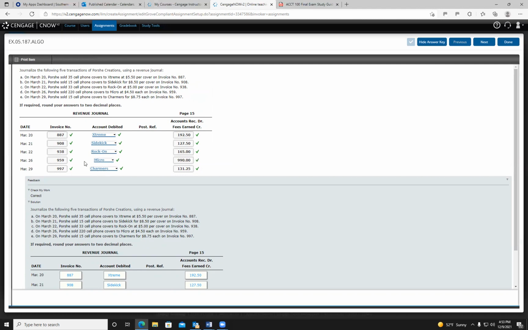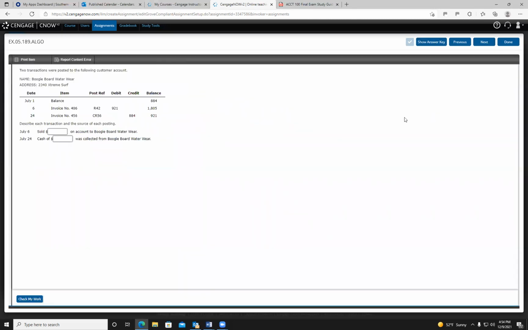March 26th: we did the math of $4.50 each for 220 cell phone covers, and that equaled $990. And the last one, March 29th: 15 cell phone covers at $8.75. Do the math, it's $131.25, along with the customer and the invoice number. So it's simple, easy peasy. That's all you're going to do on that first problem.